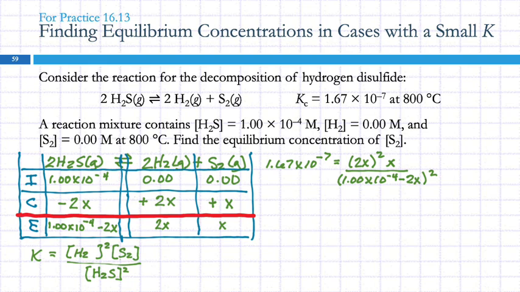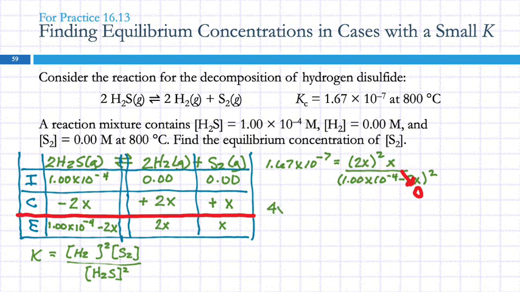Let's try the x is small approximation, because we learned how to do that, and that was really easy last time. So let's assume that that's going to go to 0. So this is not as simple as that first one, but it's still much more simple. So I'm going to take 2x, the quantity squared, that's 4x squared, times x.